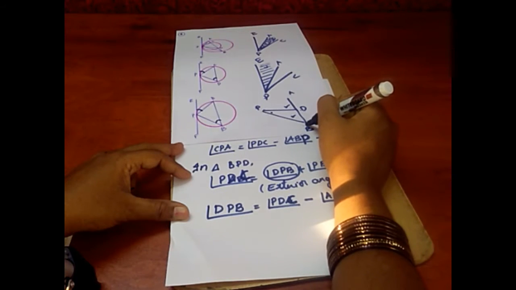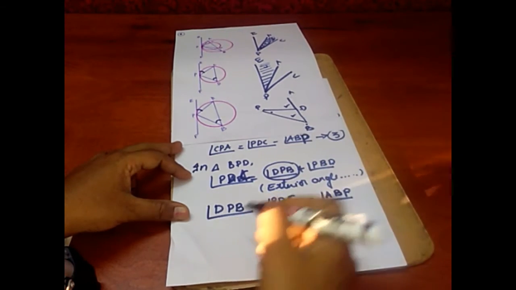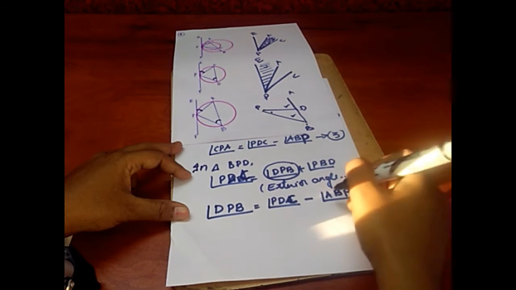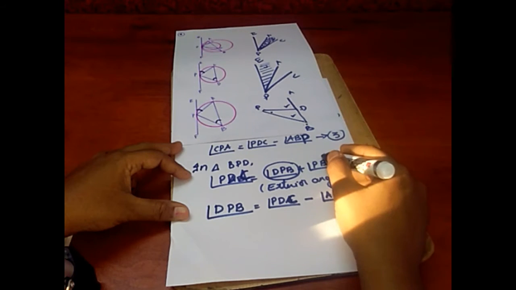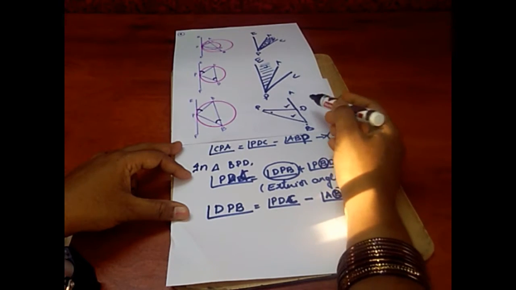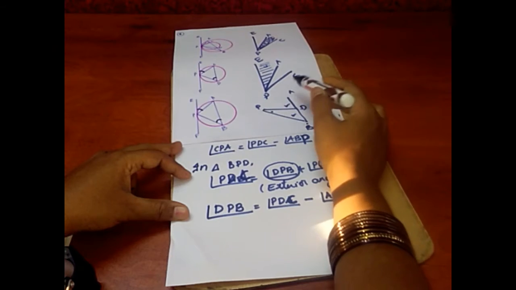Here this angle at B can be up to D or up to A, both are one and the same. PBD is nothing but ABP, as the angle is formed at the point B, and as this line has D and A, PBD is the same as PBA.